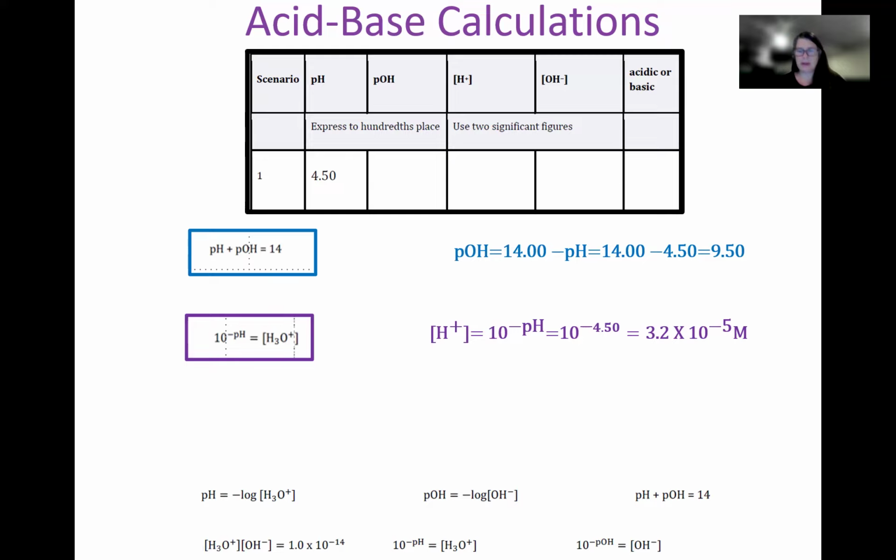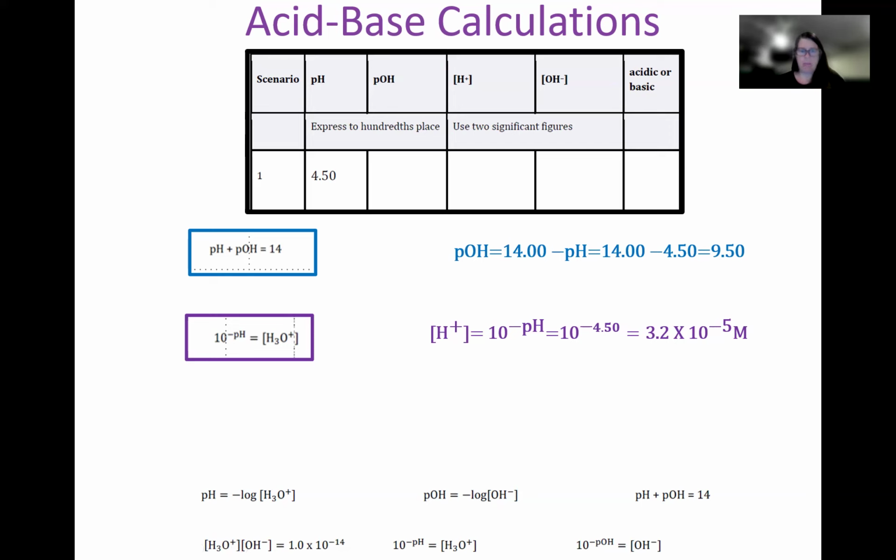Using your scientific calculator, that comes out to 3.2 times 10 to the minus 5 molar. Note when you enter answers on your exam, if you leave it like this, it'll be marked wrong. You actually have to enter that value in proper scientific notation. So you have to use a calculator to figure what that is.